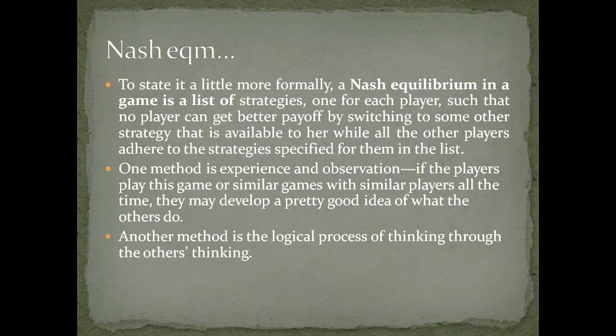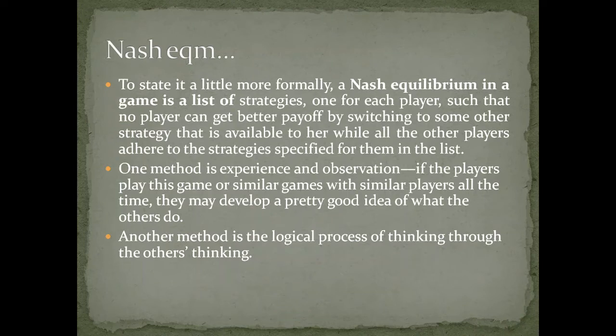The other method is a logical process of thinking through the other's thinking. That means you put yourself in the shoes of the opponent and think what he or she might do, or what you would have done if you were in the shoes of that person. So you're thinking through being a person which you're not. But this process might be a bit tricky.